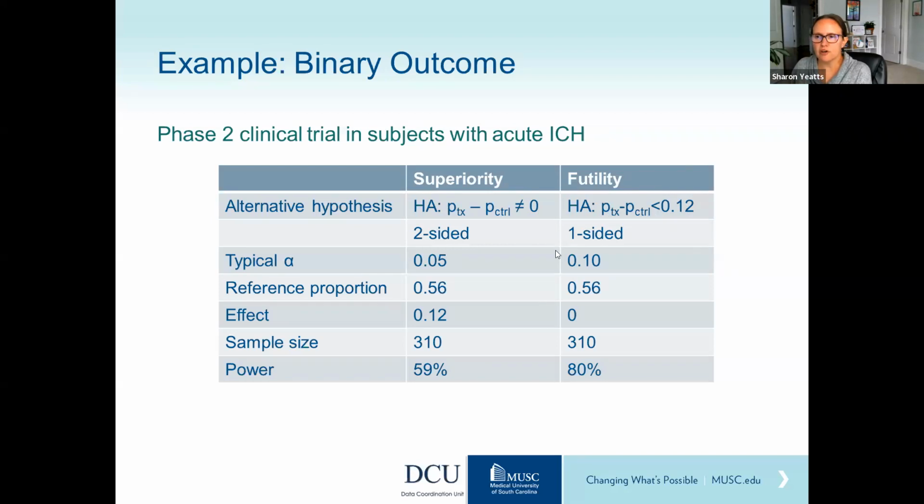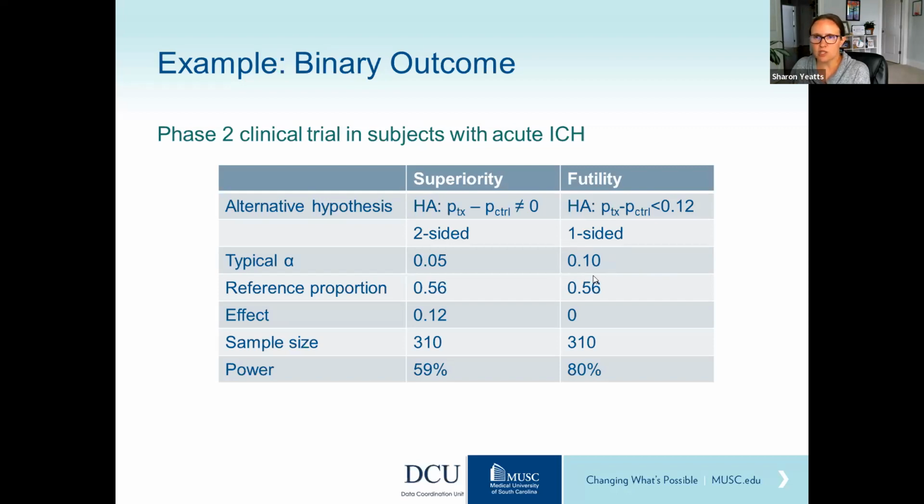The typical alpha in the futility literature is 0.1. And again, this is consistent with the consequence of making a false positive. A false positive in futility means that you will no longer consider an intervention which might work, right? Leads to a very different set of concerns than concluding that something works when it doesn't.